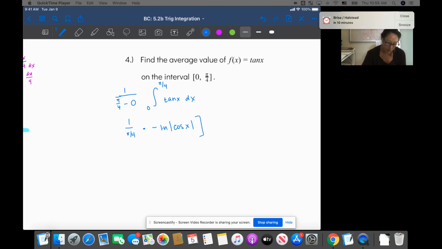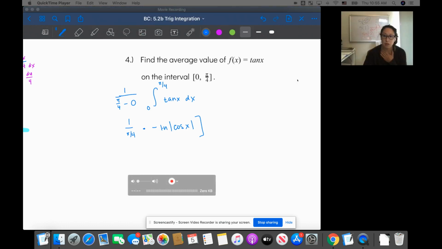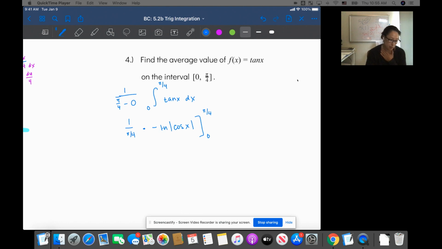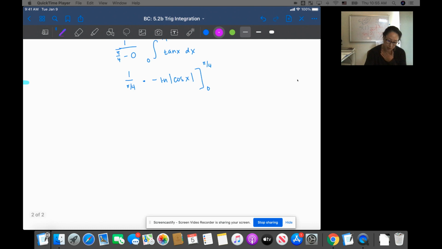And we're integrating from 0 to pi over 4, excuse me. Okay, I'm going to do a couple things. I'm going to multiply by 4 over pi to get my denominator cleared, and then I'm going to combine this with the negative 1.